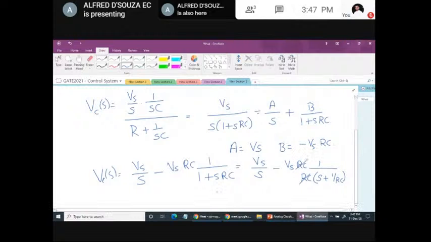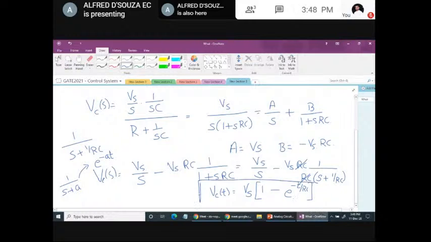Now I'll take the inverse Laplace transform. Vc of t: the inverse Laplace transform of 1 by S is 1. So we have Vs into 1 as it is, taking the common factor 1, minus the inverse Laplace transform of 1 by (S plus 1 by RC), which is e power minus at, so we have e power minus t by RC.